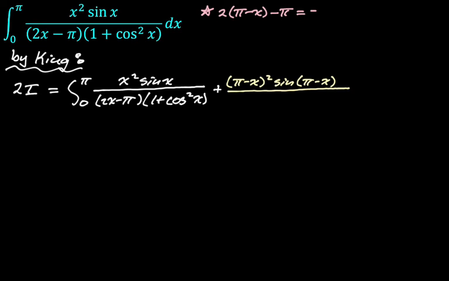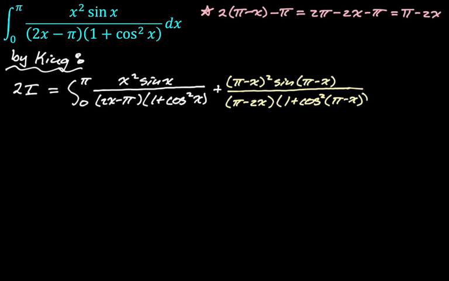This is just basic algebra, but you still have to do it to make sure you're getting it right. So that's going to be pi minus 2x, which inevitably we're going to have to deal with, because now we have a 2x minus pi and a pi minus 2x. So yeah, we're going to take out a negative at some point. And then we get 1 plus the cosine squared of pi minus x.